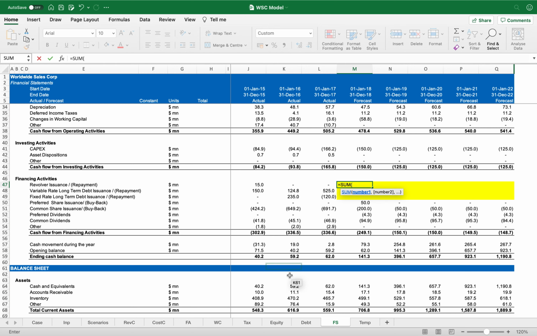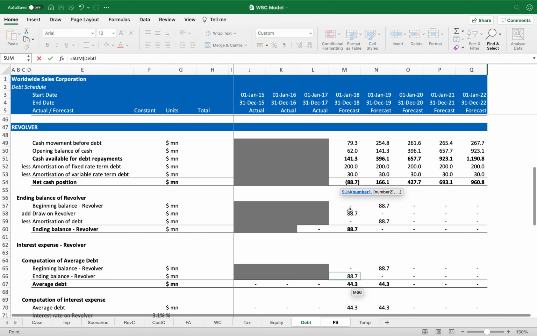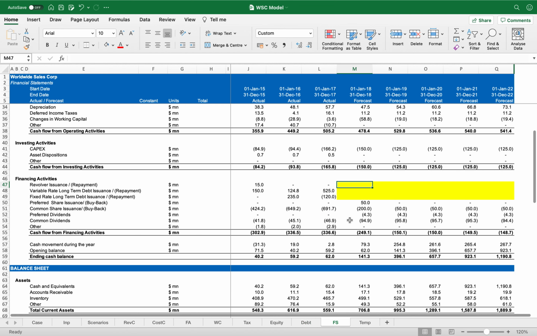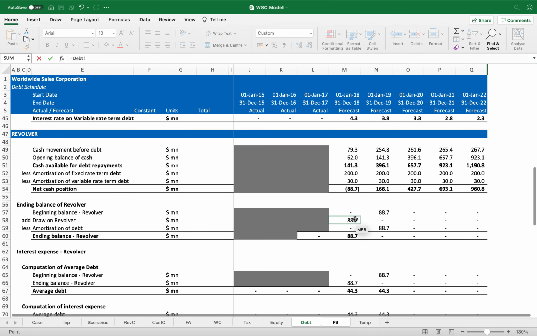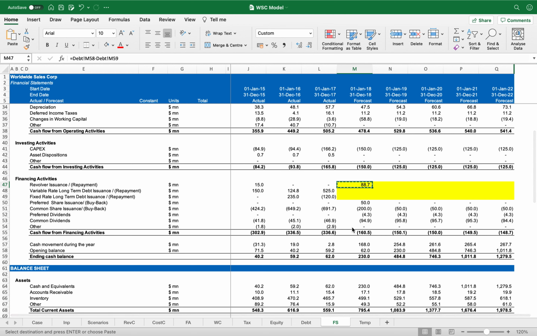So sum of whatever is my draw or amortization, right? Or what you can do is you can say, okay, let's net it off. Whatever I raise minus whatever I repay, right? So let me just net it off in the cash flow statement.